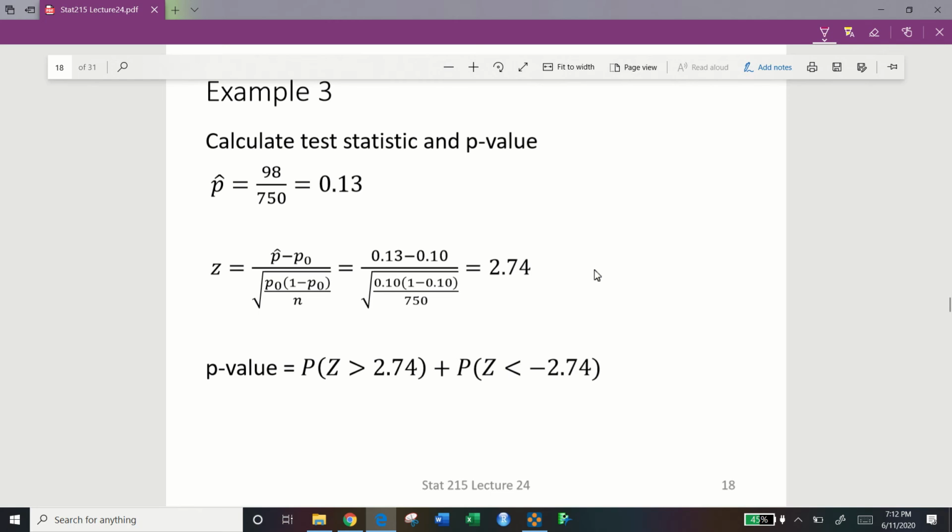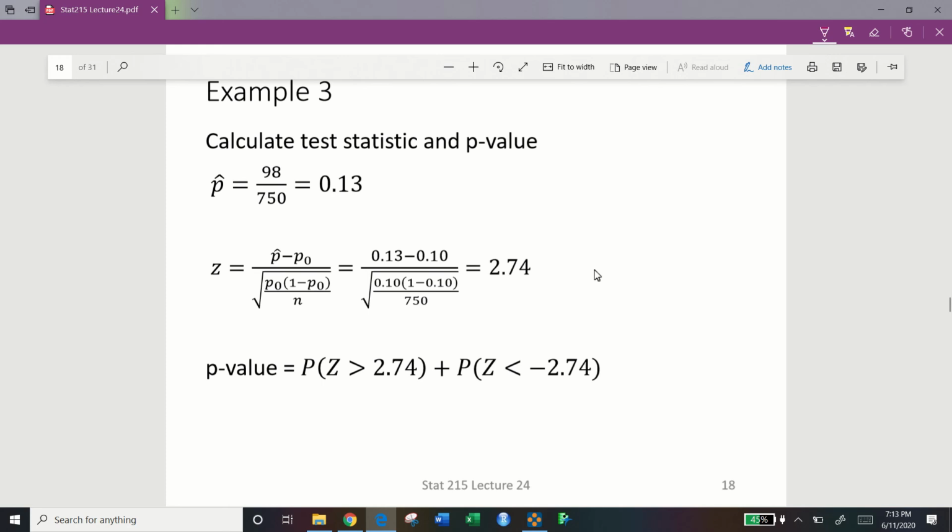So our p-hat in this situation is going to be 98 over 750, which will equal 0.13. Now that we have all the required information, we can plug in and calculate our z-score, which will be equivalent to 2.74.